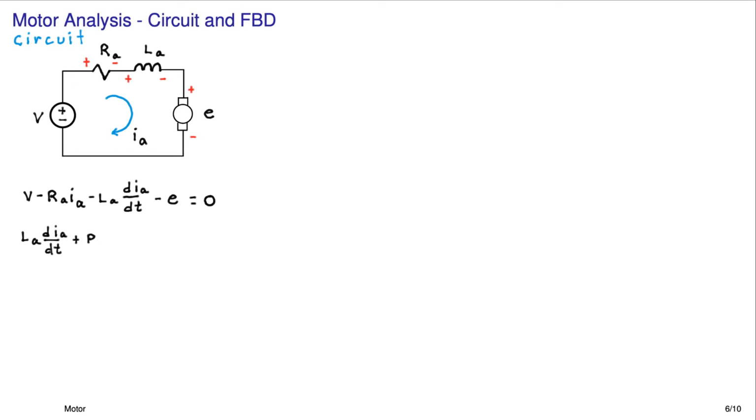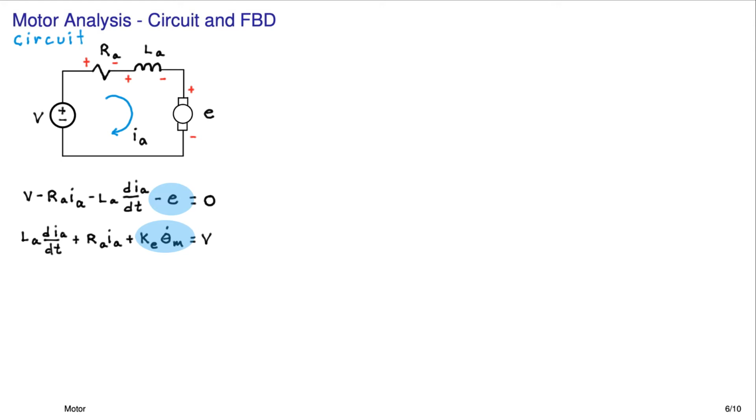Then I like to rearrange the terms a little bit so that we have something that looks like a differential equation in the dependent variable Ia. Now notice this equation is sort of interesting in the sense that I've already replaced E with Ke theta m dot, one of those motor equations.